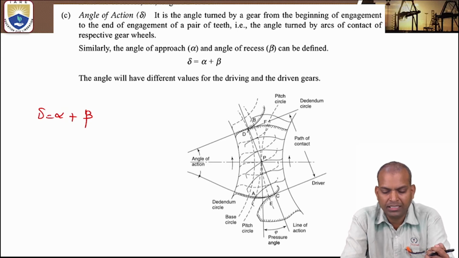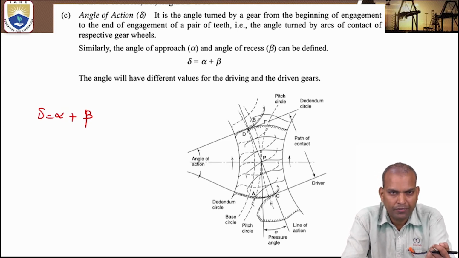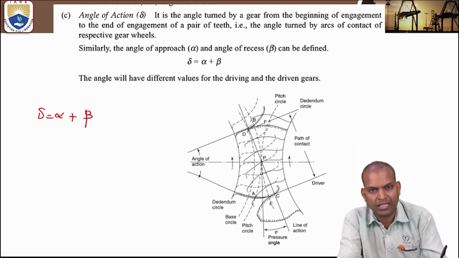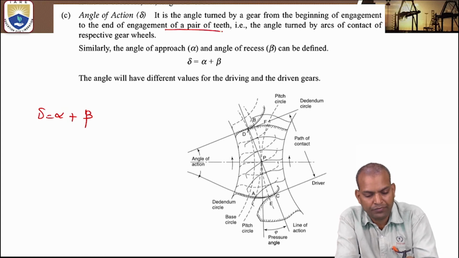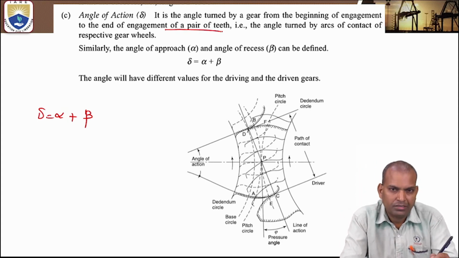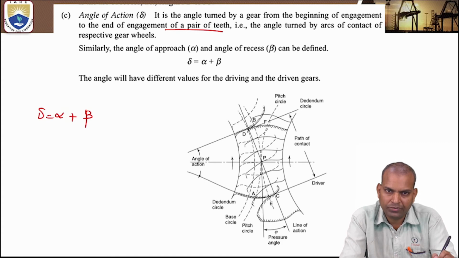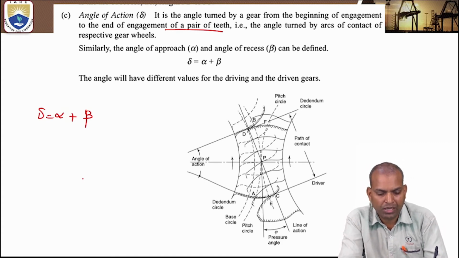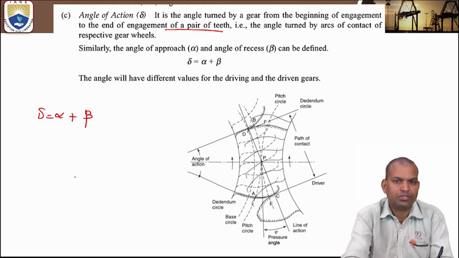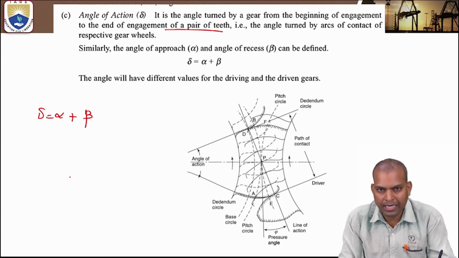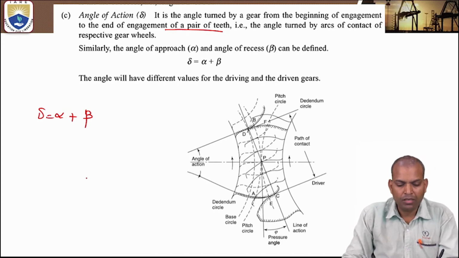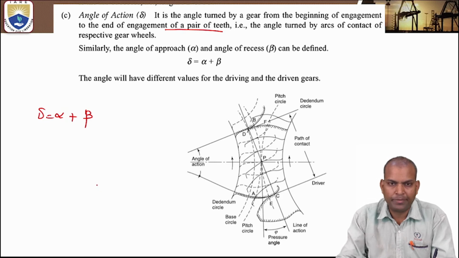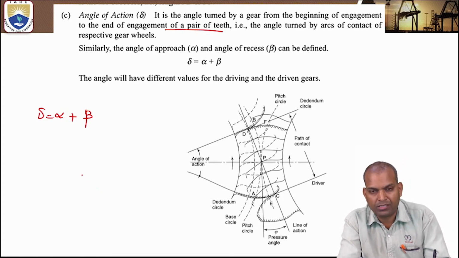Delta is the angle turned by the gear from the beginning of engagement to the end of engagement of a pair of teeth. Or in one sentence, the angle turned by the arcs of contact of the respective gear wheels is known as angle of action.